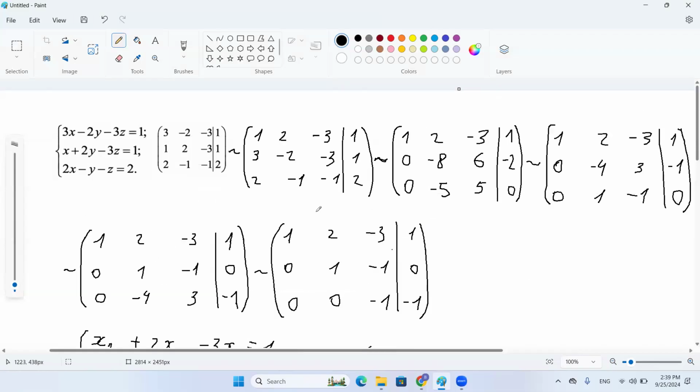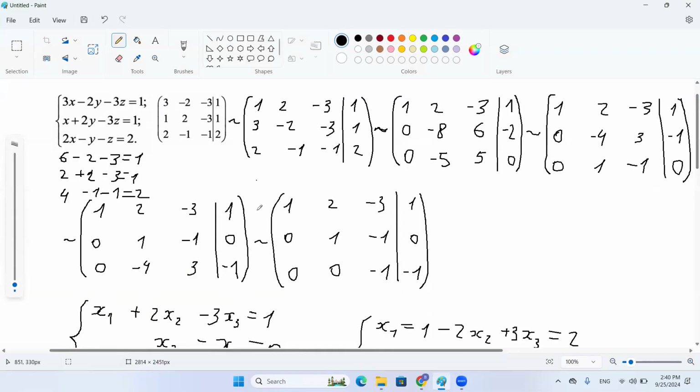Now let's verify. So 6 minus 1, or minus 2 minus 3 is 1. 2 plus 2 minus 3 equals 1. 4 minus 1 equals 2.